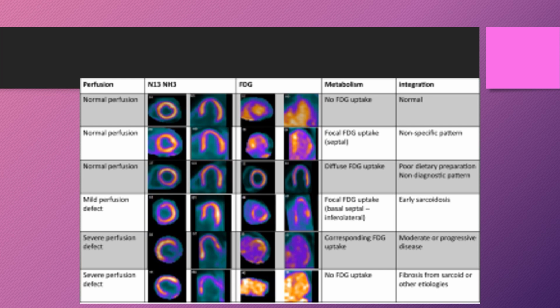In the fifth row there, you have a severe perfusion defect that's seen on the MPI resting study with corresponding FDG uptake in the areas of the defect. And this is moderate to progressive disease. In the bottom row, we see a severe perfusion defect and no FDG uptake, and this is fibrous sarcoid or other etiologies where there's scar tissue now in the heart.